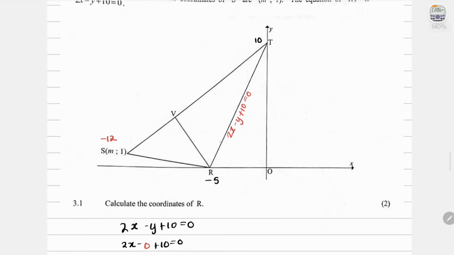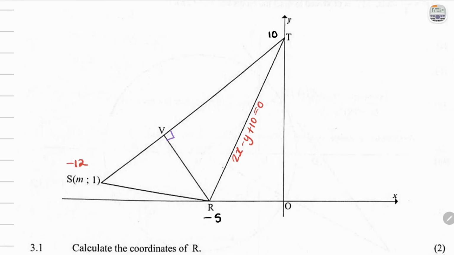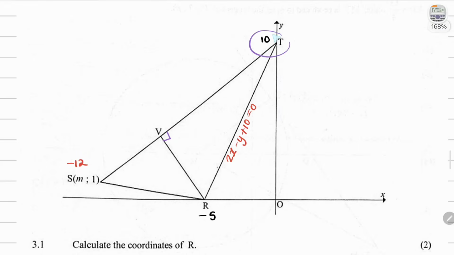VR is perpendicular to ST. So you can see if these two are perpendicular, then they want us to find the equation of VR. Okay, makes sense. So we're going to use the whole idea of when two lines are perpendicular, what happens to their gradients? Okay, so it would mean that you see the gradient of VR multiplied by the gradient of ST, when you multiply them, they give you -1.